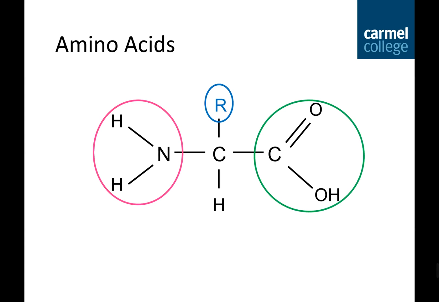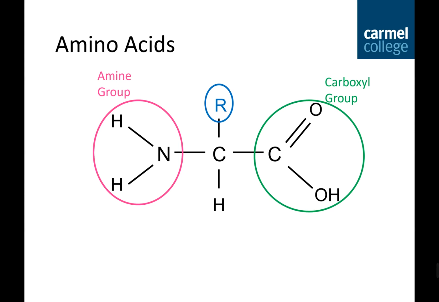You need to recognise that the amino acid is broken up into 3 key sections. We have the amine group, which is composed of a nitrogen atom bound to 2 hydrogen atoms. The carboxyl group, which is composed of carbon double bonded to an oxygen and bonded to a hydroxyl or OH group.